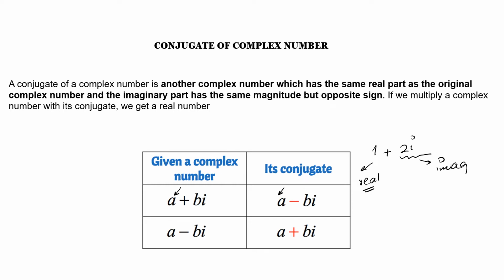If I want to take the conjugate, the real part stays as it is, whereas the sign of the imaginary part is changed, and then you write the same imaginary number. So conjugate numbers are actually the opposite signs of the imaginary numbers.